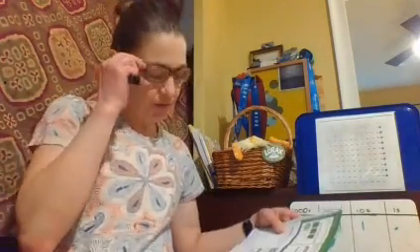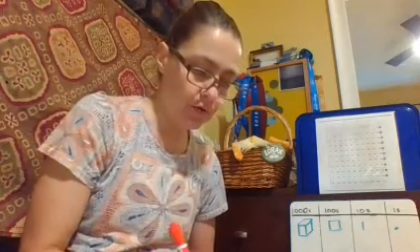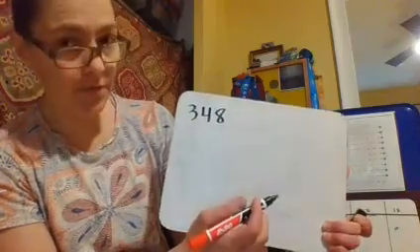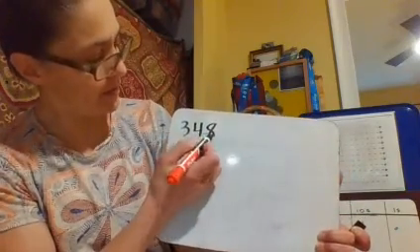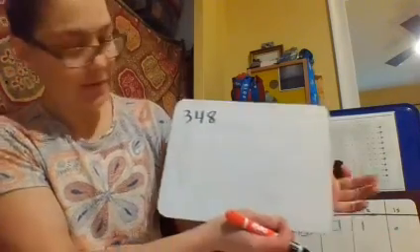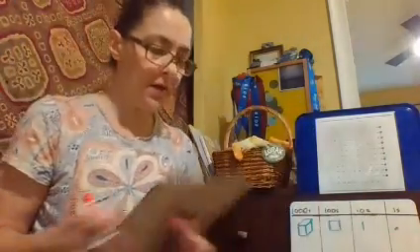So let's go ahead to the guided practice, and they want you to use place value blocks. You can also use your whiteboard to draw a model of the number 348. So draw a model or use place value blocks right now for the number 348. Remember, each of these is a digit and the whole is a number. Okay, so how many ones are there?